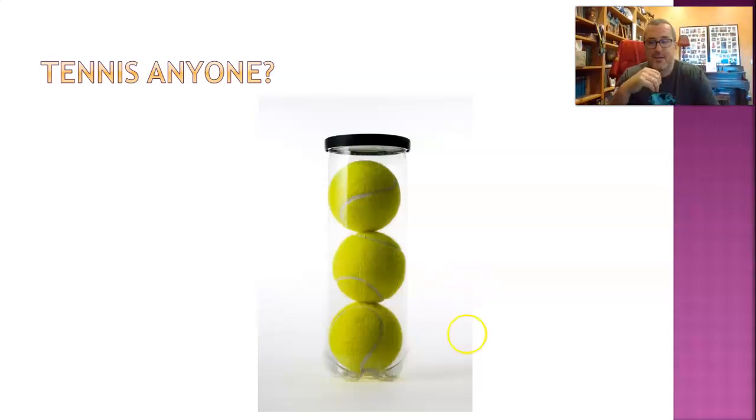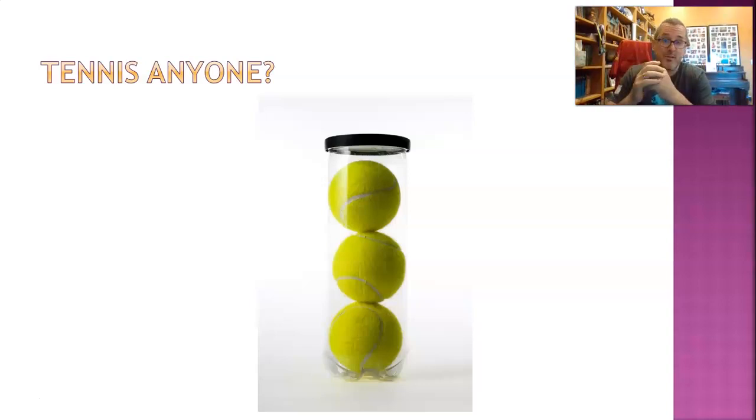Is that tennis ball can taller or rounder? Now what I mean by that is, imagine the height of this can would be some measurement, one-dimensional. Imagine the circumference of this can would be some measurement, one-dimensional. Which of those two measurements would be the greater?